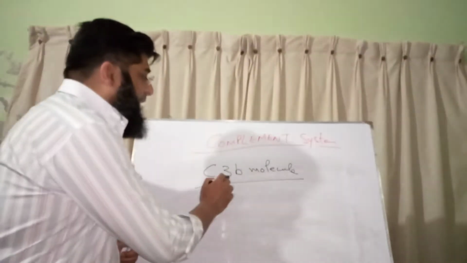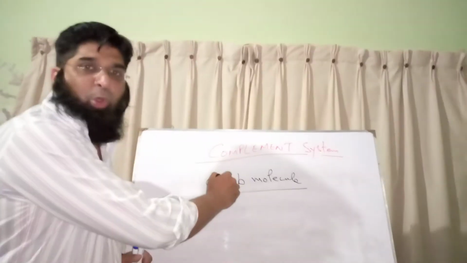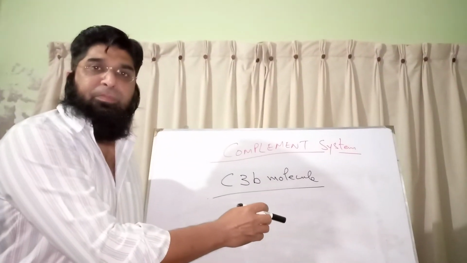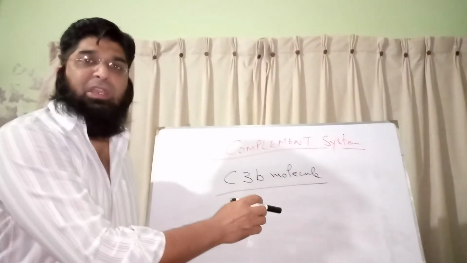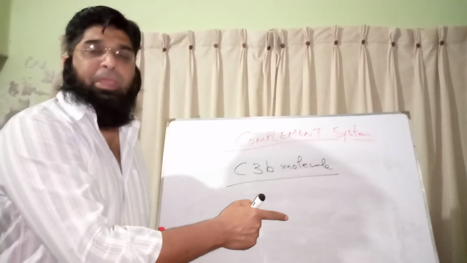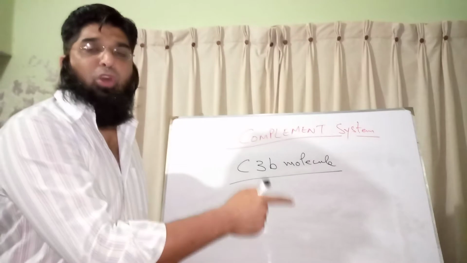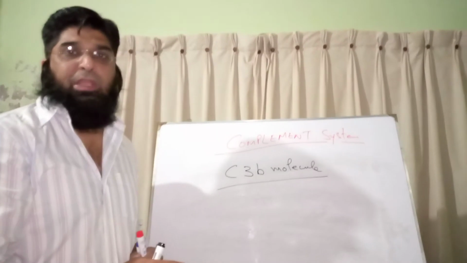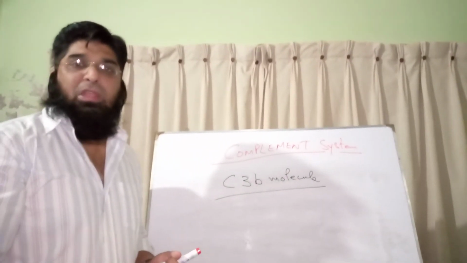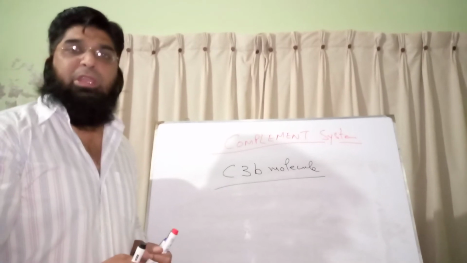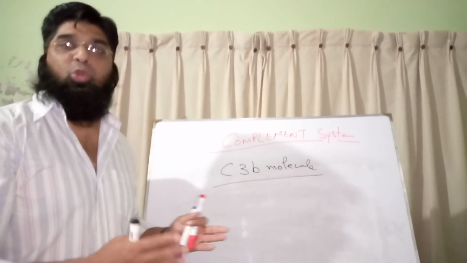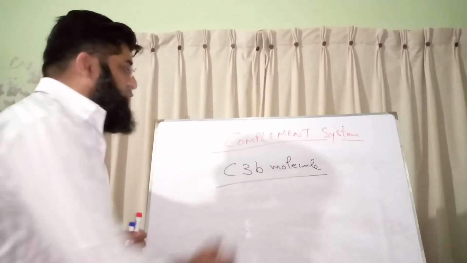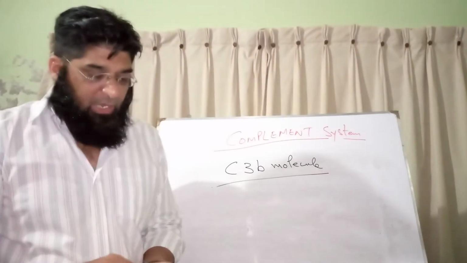What are phagocytic cells in our body? Macrophages and neutrophils are examples of phagocytic cells in our body.